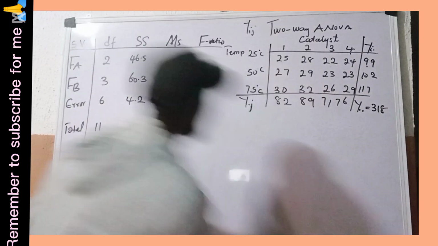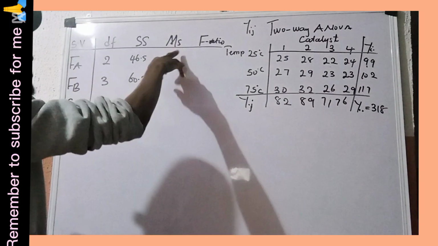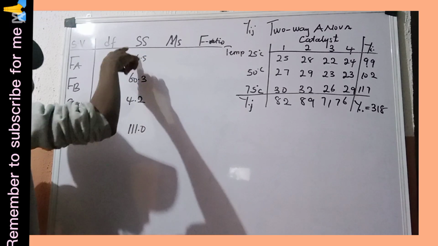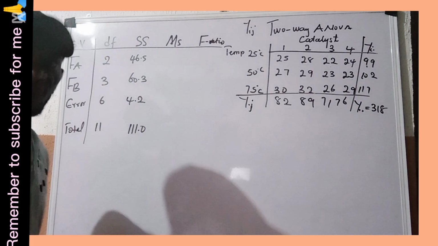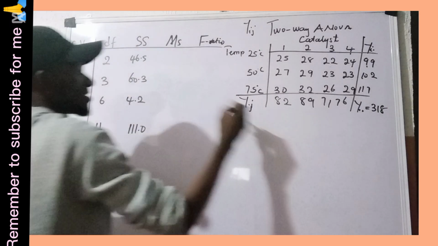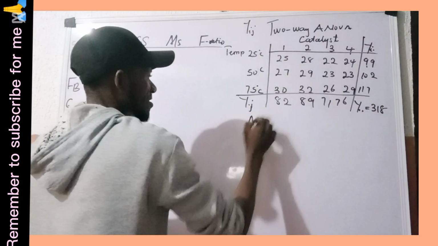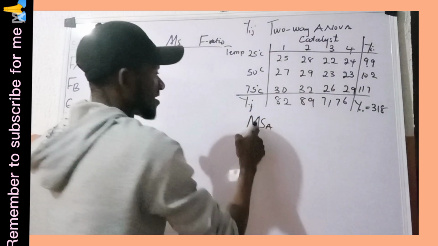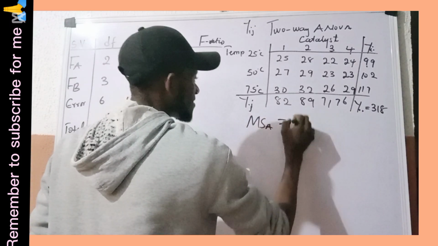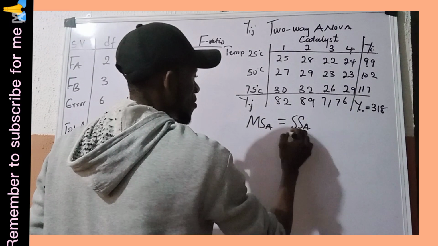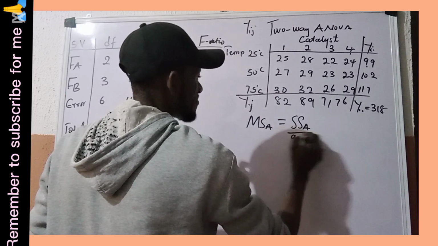When we talk about the mean square, the formula for mean square is the sum of squares all over degrees of freedom. So if you want to talk about MS of A, that is mean square of factor A, the answer is SS of A all over A minus 1.